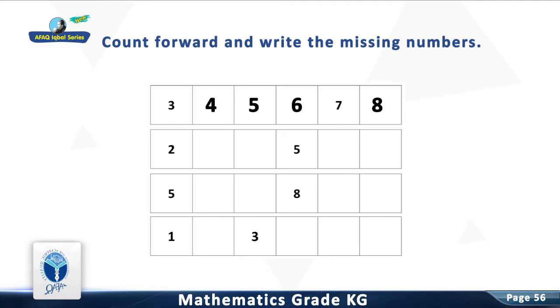Good. It is 8. Now start with 2. Good. It is 3. Next. Good. It is 4. 5 is already written. Next. Good. It is 6. Next. Good. It is 7.